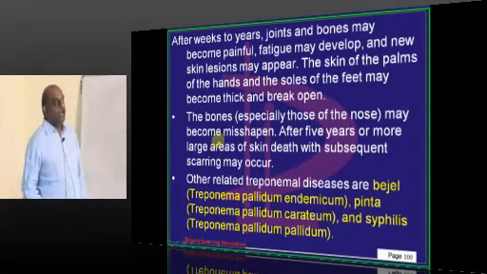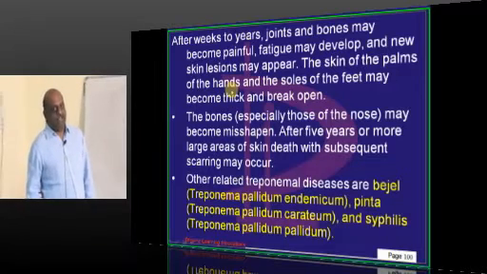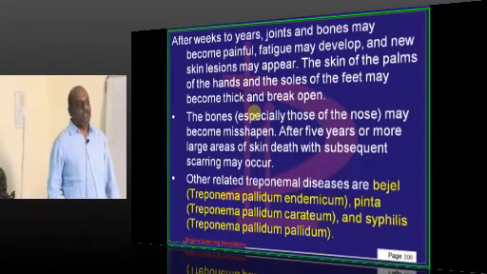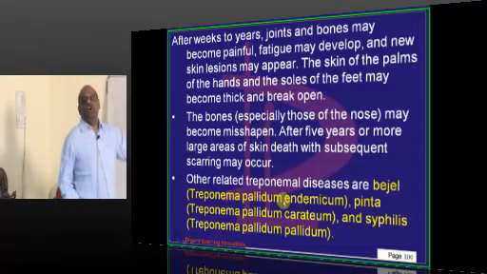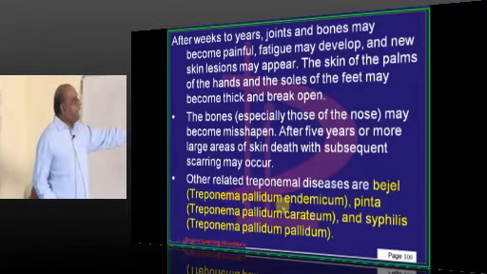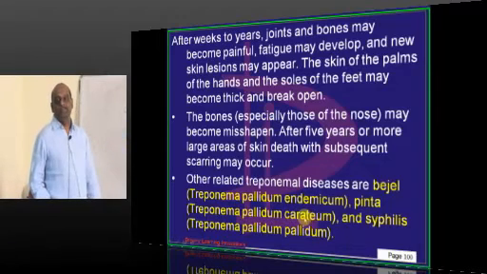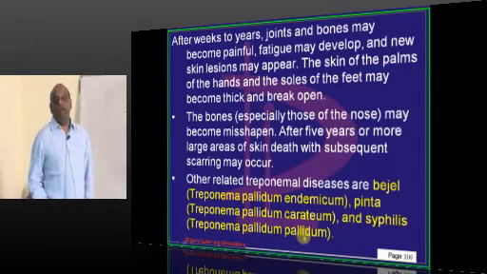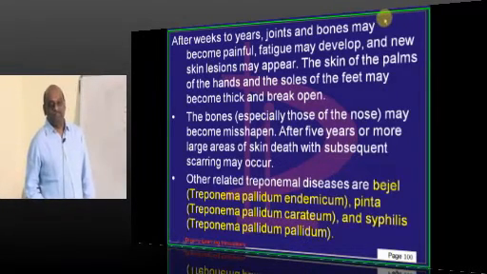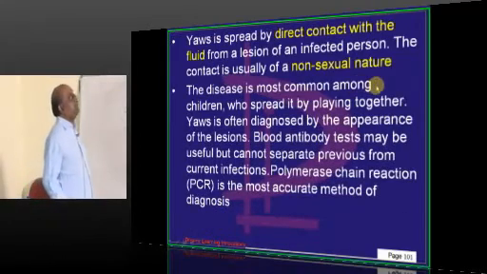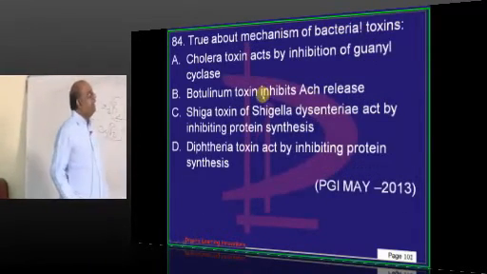Unlike its cousin, Treponema pallidum, which comes only with intense sexual activity, this will come even by sharing the cup, saucer, bed, and the clothes. So fomites. Bejel is what? Is a question. Treponema pallidum endemicum. Pinta means Treponema carateum. And syphilis is Treponema pallidum pallidum. Right? So that is what you need to remember.